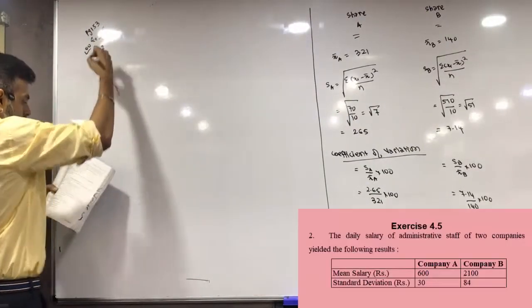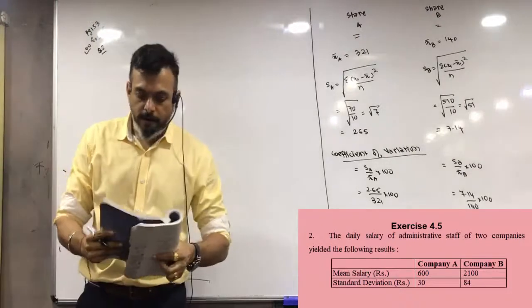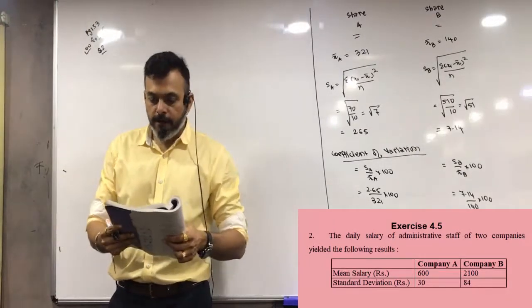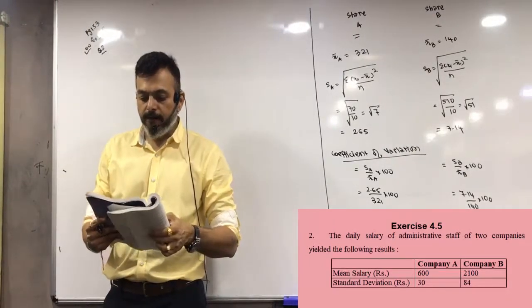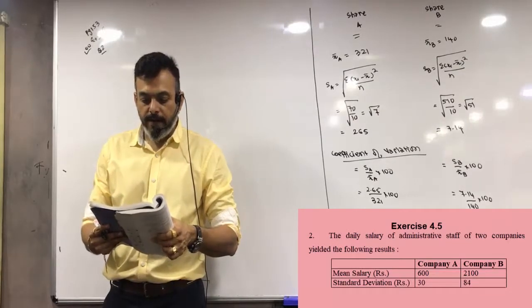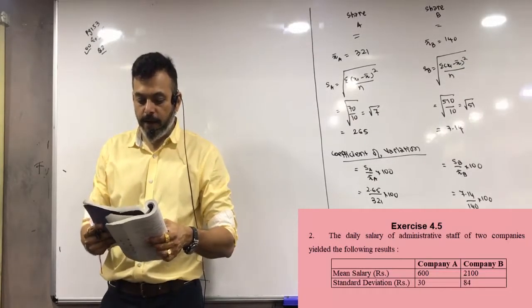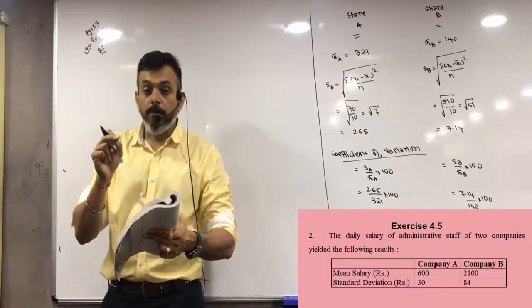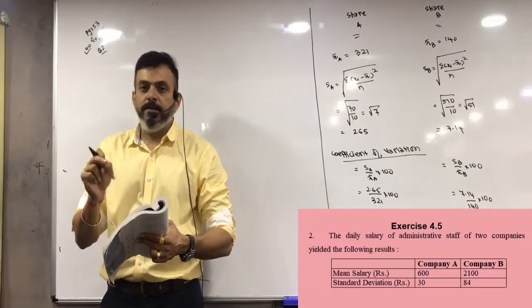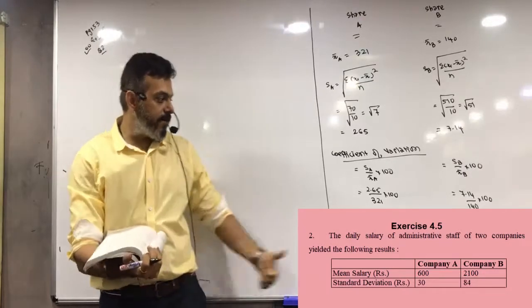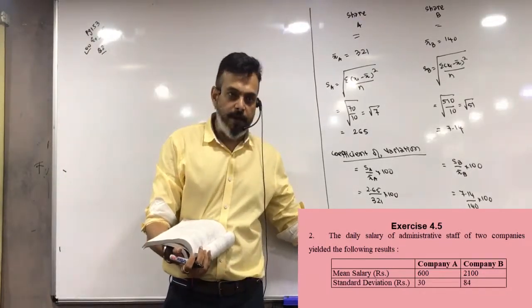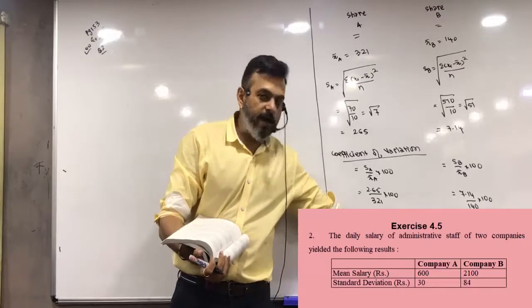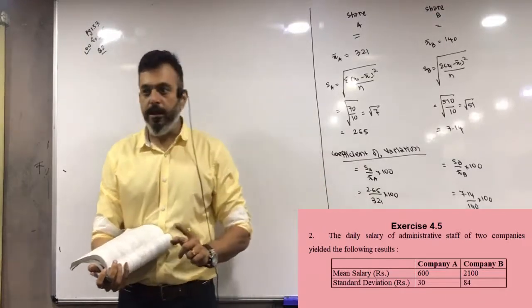Question number 2. The daily salary of administrative staff of two companies yielded the following result. Mean salary and standard deviation are given for A and B. Which company has more stable salary? यानी जिसका वेरिएशन कम है वो ज्यादा स्टेबल है, जिसका वेरिएशन ज्यादा है वो कम स्टेबल है.